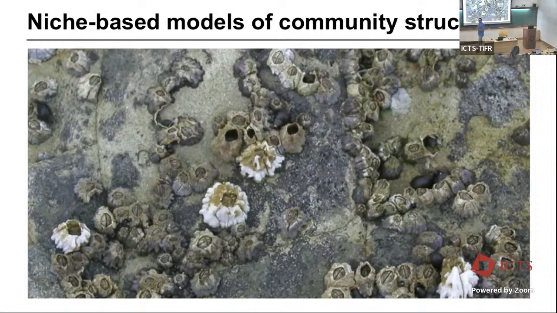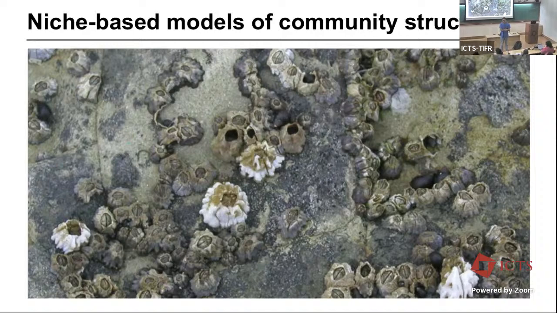So what we're going to talk about now is what is it that creates patterns in communities. If you go out into a community, you've got 10 species, species 1 to species 10, and each of those species has a certain abundance, a certain population size.